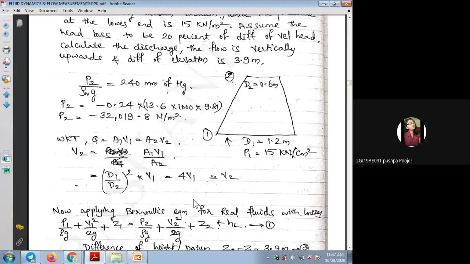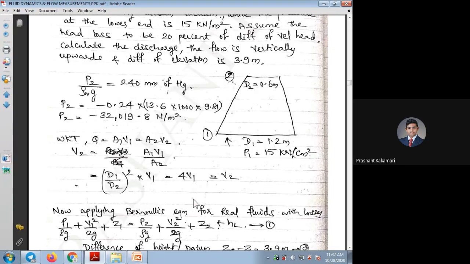Yes, sir. So keep in mind, if any value is given directly without any sign, you can take it positive, whether gauge pressure, atmospheric pressure or any pressure. Even if they tell absolute pressure, you can consider it as positive. All the values will be positive. But whenever they tell vacuum pressure, then it will be below the absolute 0 point.